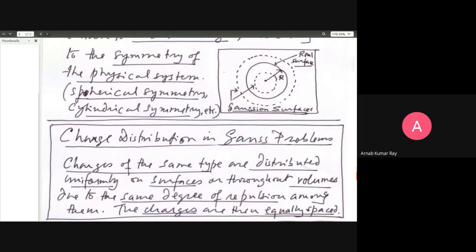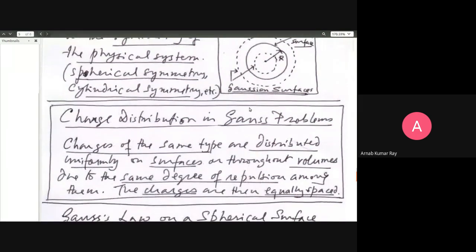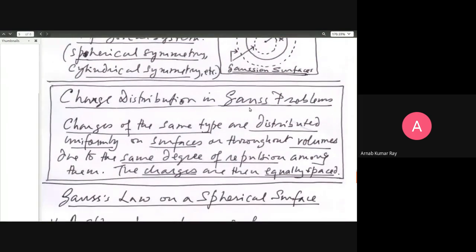Okay, charge distribution in Gauss problems. Next thing. As I said, we have taken the charge densities in all the cases to be constant. That is not an unreasonable approximation. Why? Because charges of the same type are distributed uniformly on surfaces or throughout volumes due to the same degree of repulsion among them.